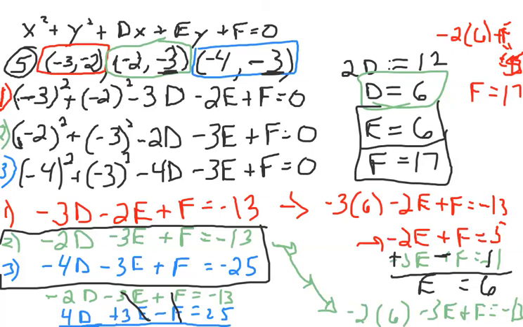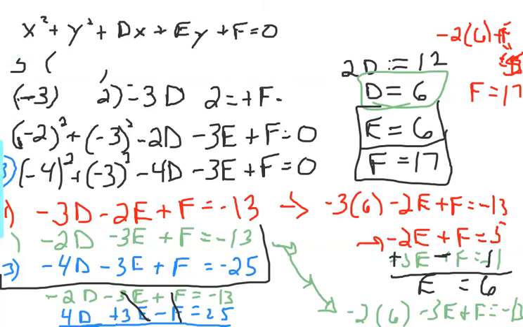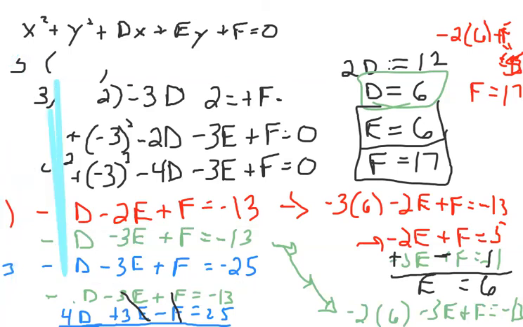Then we're supposed to take that answer, and we're going to plug that d, e, and f in for our original problem up here at the top. So I'm going to erase all this stuff because I'm out of room. Again, this is problem 5.